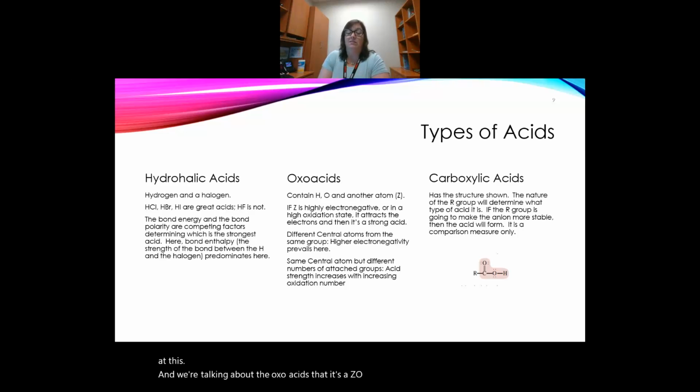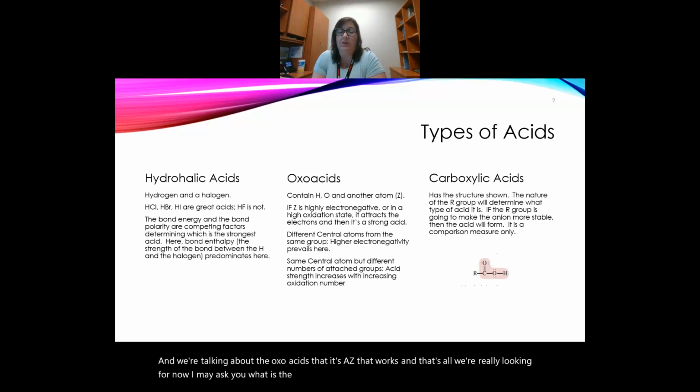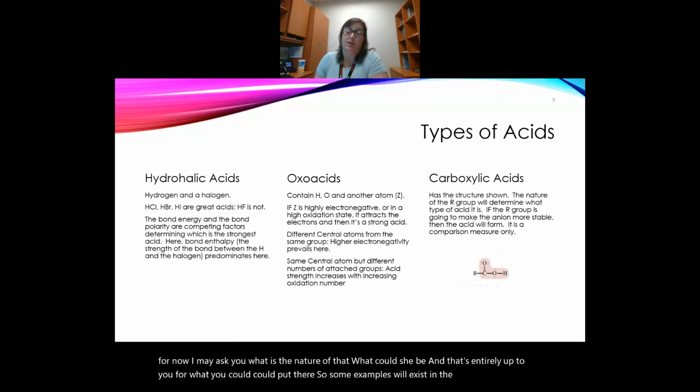That works. And that's all we're really looking for. Now, I may ask you, what could Z be? And that's entirely up to you for what you could put there. So some examples will exist in the Ka tables that you have, so you can look there for examples. Okay? Questions, comments, problems?